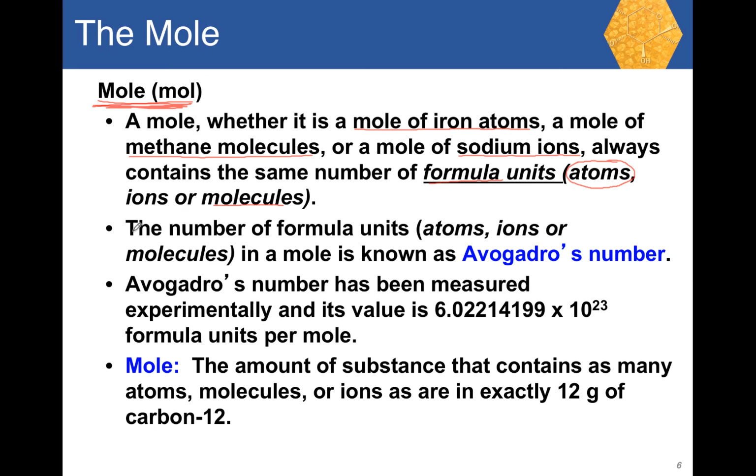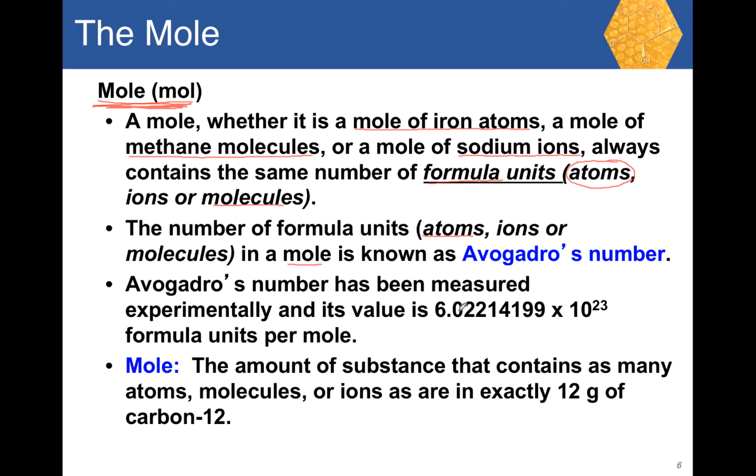Okay? Let's take it further. The number of formula units, such as atoms, in a mole is known as Avogadro's number. So we can physically measure how many atoms are there in a mole of substance, for example, iron.